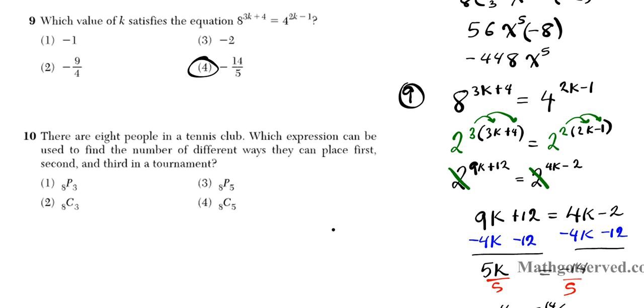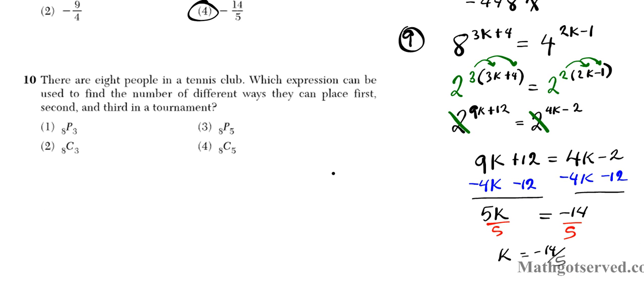All right, so that's that. Now let's shift our attention to question 10. It says, there are 8 people in the tennis club. Which expression can be used to find the number of different ways they can place first, second, and third in the tournament? So the question is, is it a combination or permutation? We're selecting 3 people. Now remember the word permutation. What letter does it start with?